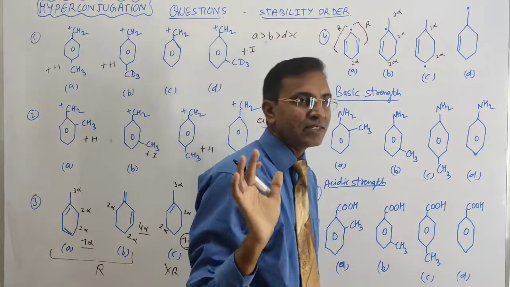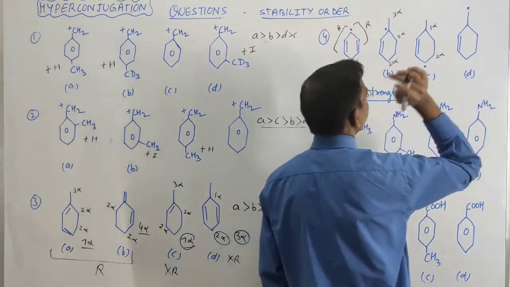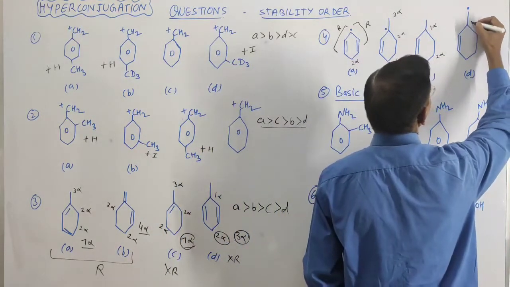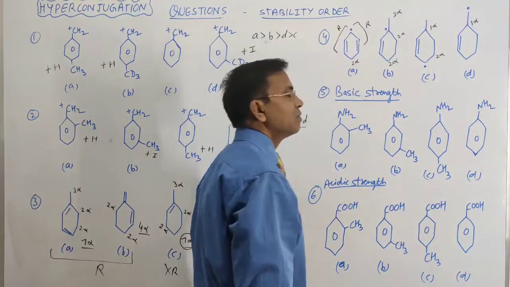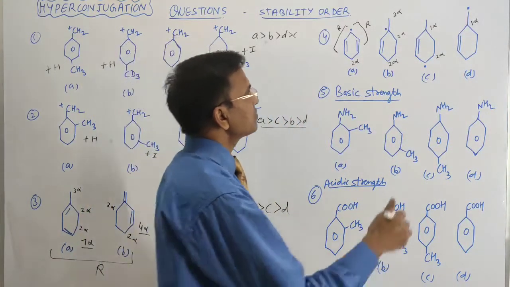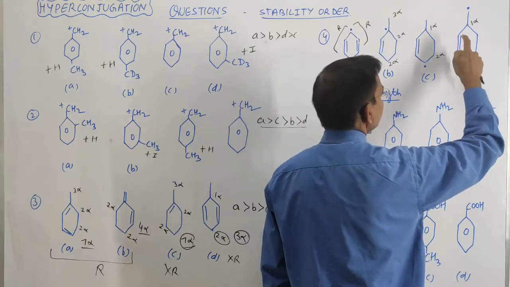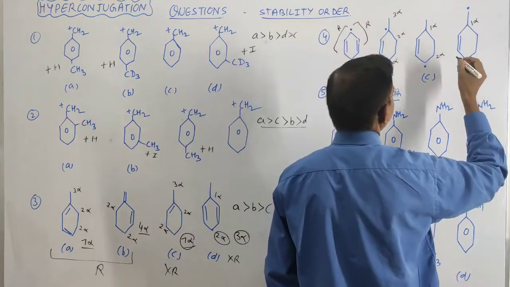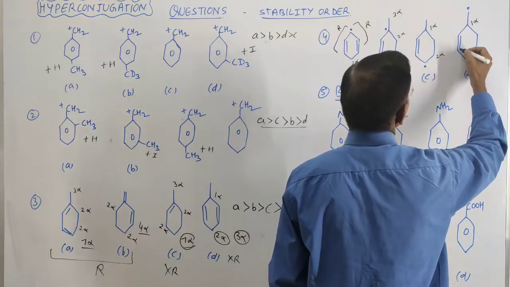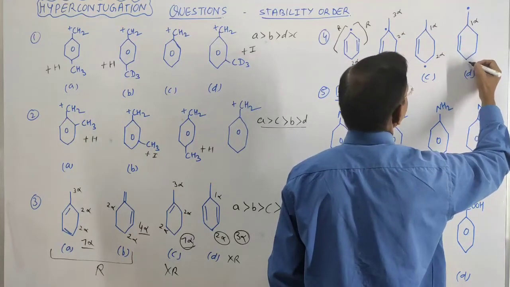So no resonance. Only alpha hydrogen we have to calculate, and here is only 1 alpha hydrogen at this carbon, right? And now this double bond has the alpha hydrogens, and this double bond has 2 alpha on this side, right?